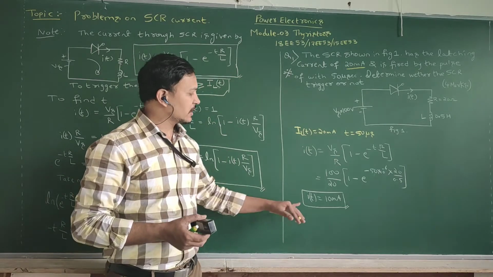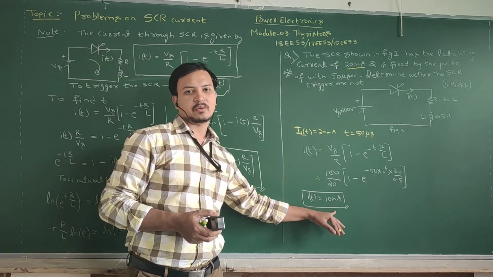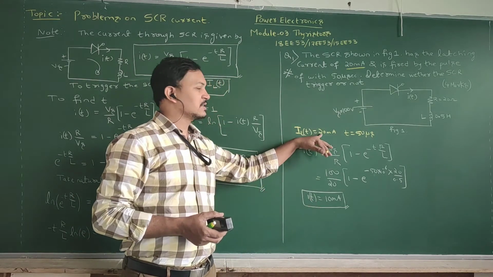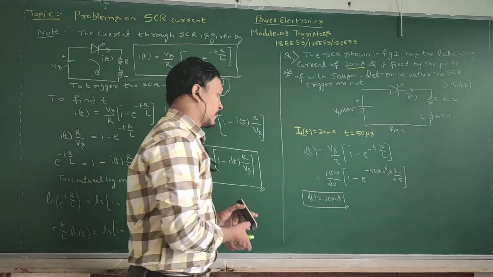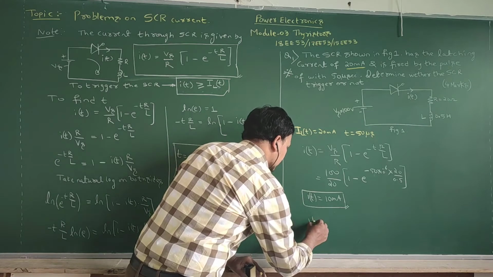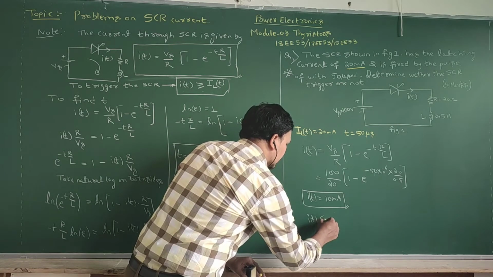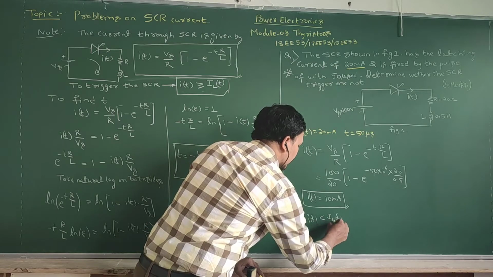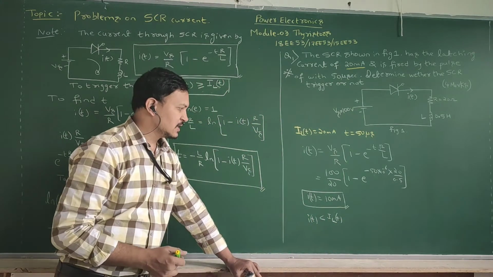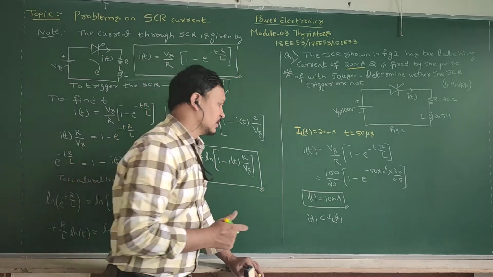But the current we are getting is 10 milliampere, which is lesser than the latching current. So I of t is lesser than IL.